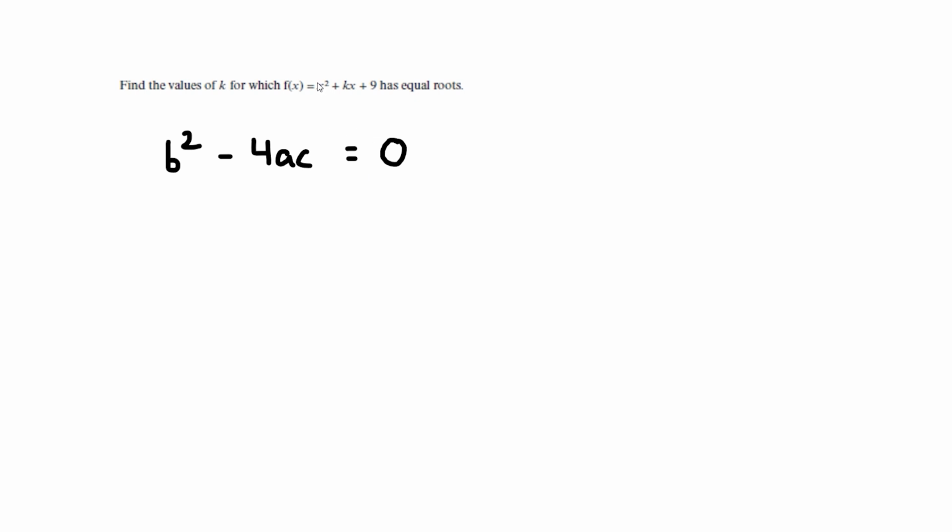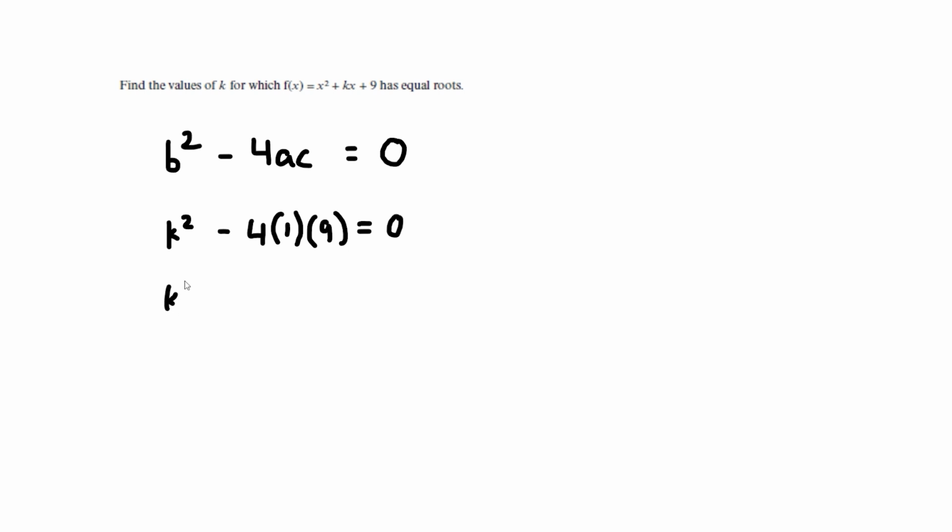So in this case, what is our a, our b, and our c? Well, our a is just 1 because the coefficient of x squared is just 1. Our b is k, and our c is 9. So let's sub all of that in. We've got k squared minus 4, our a is 1, and our c is 9, which equals 0.